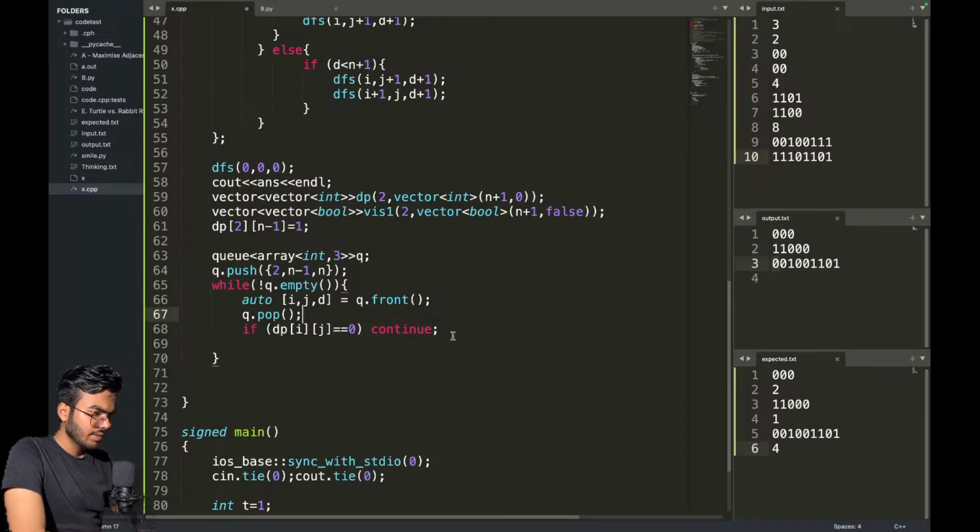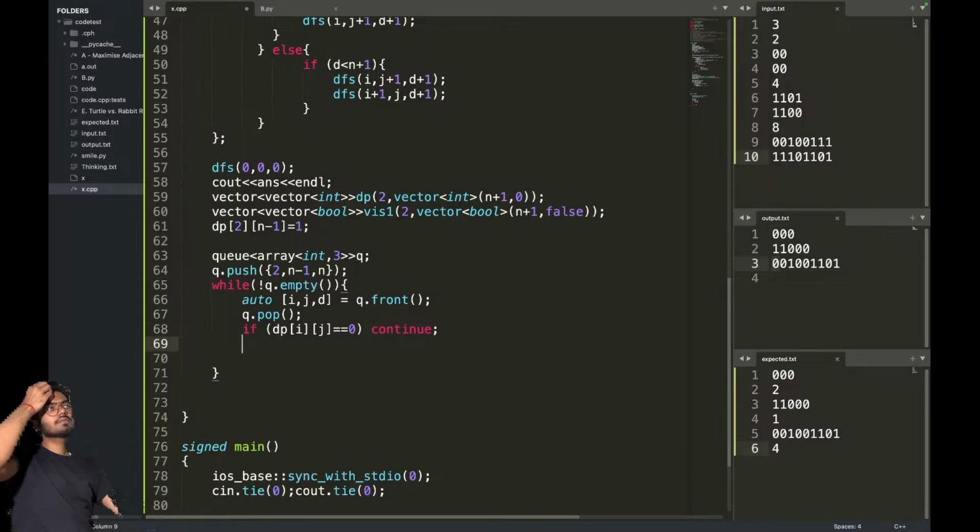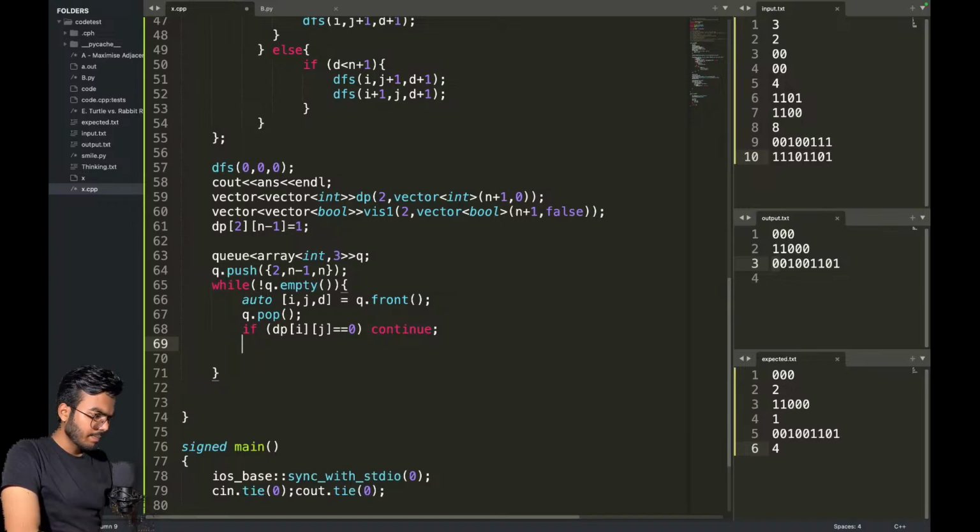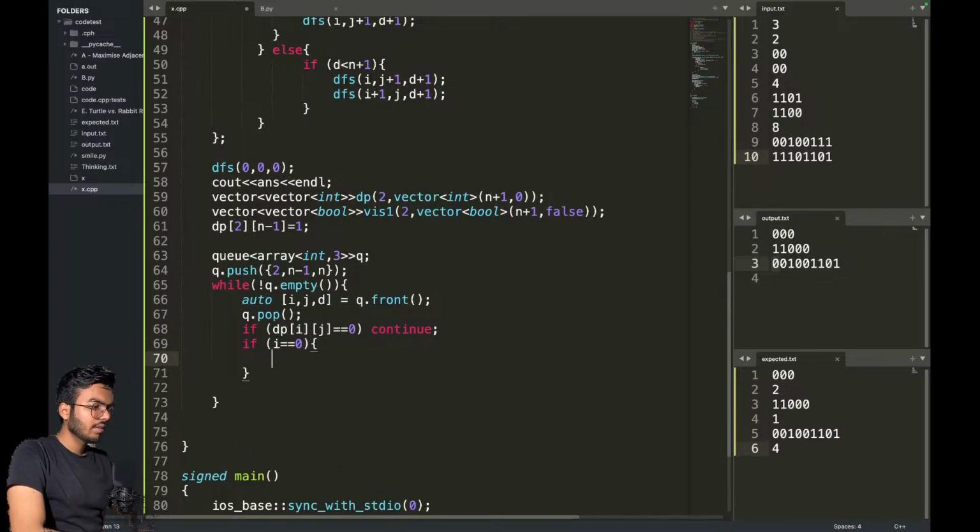So okay, now I really need to think about this. I have to check the one lesser step of the depth. So first of all, if i equals 0, then there is only one possibility, that I can go left.